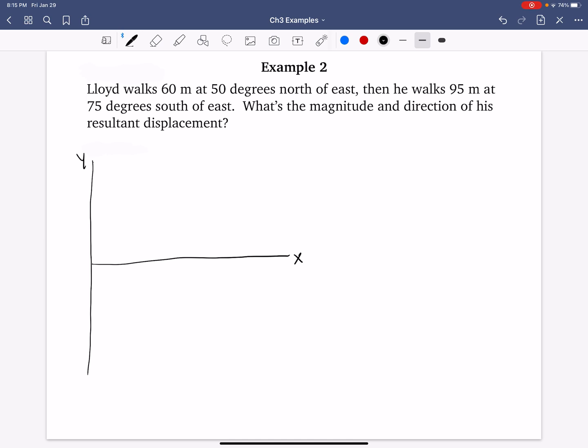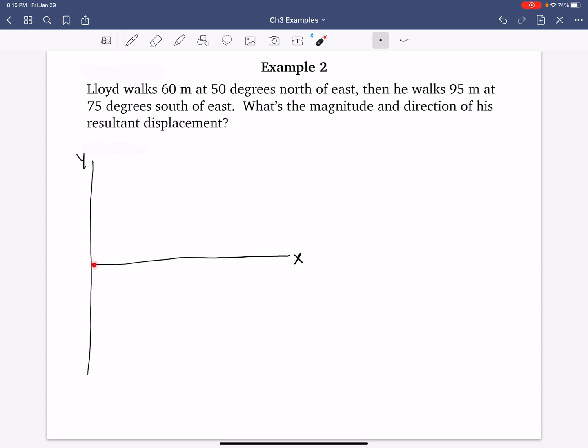All right. So we can say that Lloyd starts at the origin, and then he walks 60 meters at 50 degrees north of east. This way of wording can be confusing, but let's take a look at it. North of east means north from east.